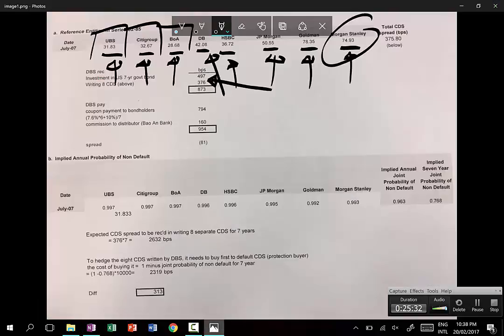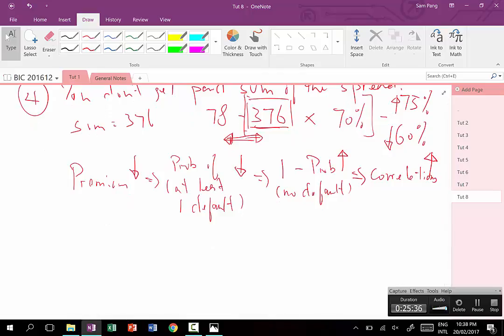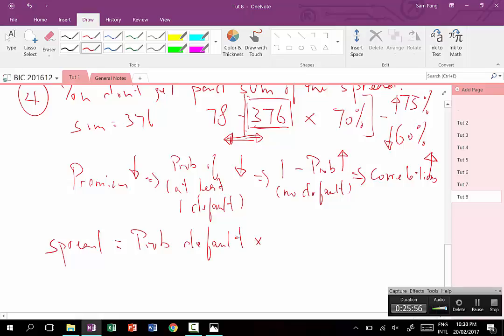And the other thing to possibly keep in mind is the relationship between the credit spread, the spread that you get paid, which is equal to the probability of default multiplied by what's called LGD, loss given default.